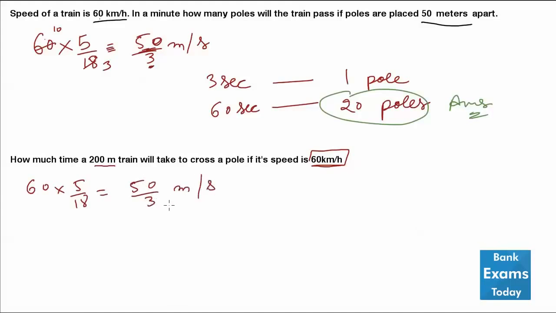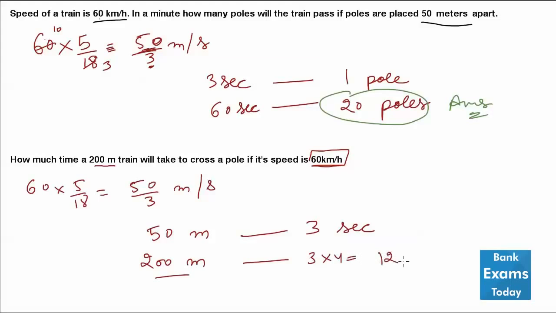So the train covers 50 meters in 3 seconds. So the train will cover 200 meters in 12 seconds. So 12 seconds is our answer.